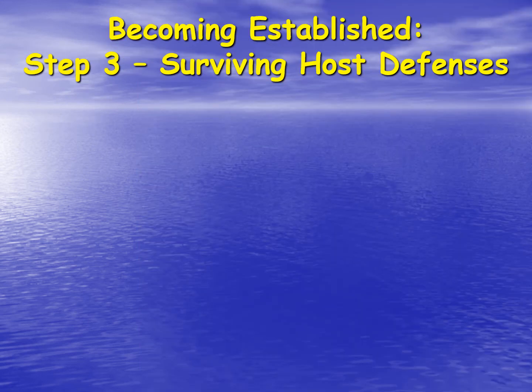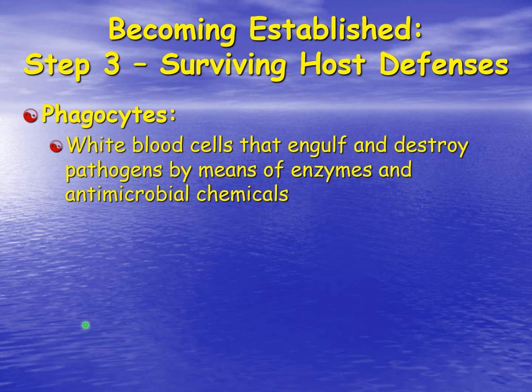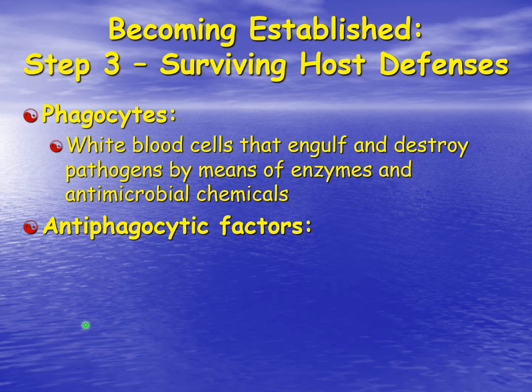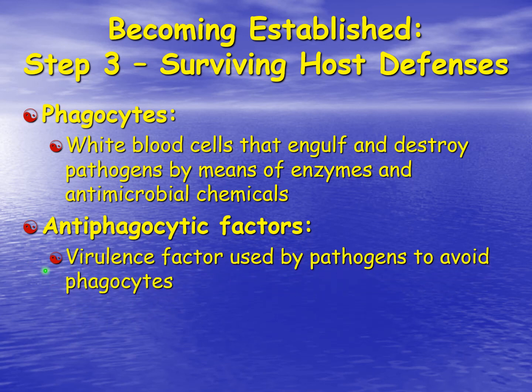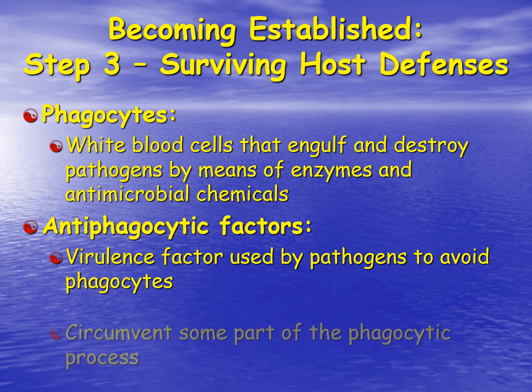So once we get in through a portal and actually adhere to a surface in the body, we then have to survive the host defenses. Phagocytes are specialized white blood cells that engulf and destroy pathogens by means of enzymatic and antimicrobial chemicals. Antiphagocytic factors are oftentimes virulence factors used and produced by the pathogens to avoid the phagocytes within the body.